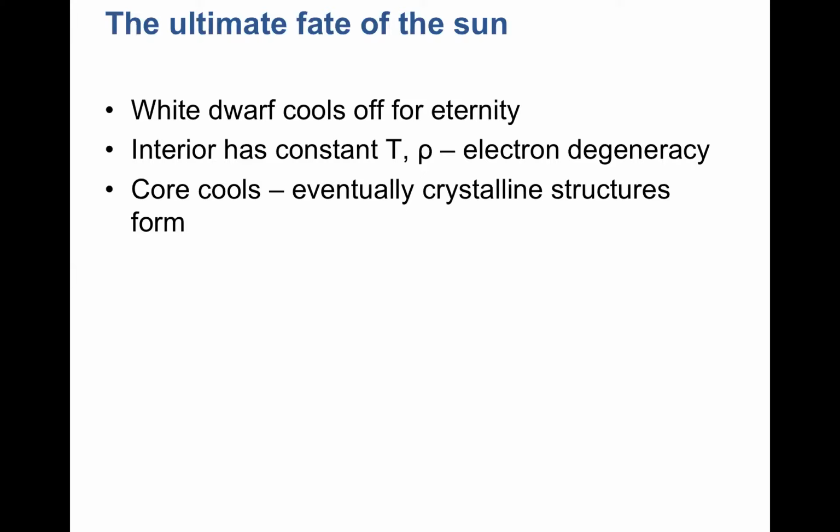Eventually, this thing will get cool enough that crystalline structures will start to form in this giant carbon thing. What do you think will be the result? What is crystallized carbon? It's diamond. This thing will basically be one single diamond once it cools off completely, almost the mass of the sun and the size of the Earth.